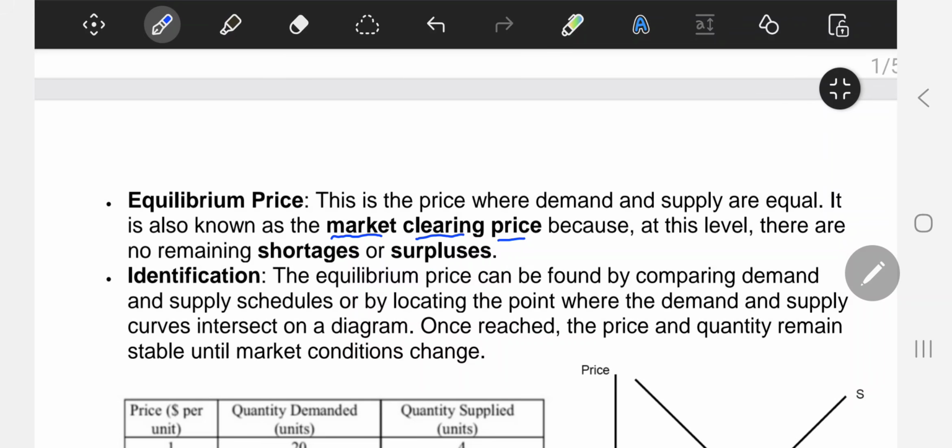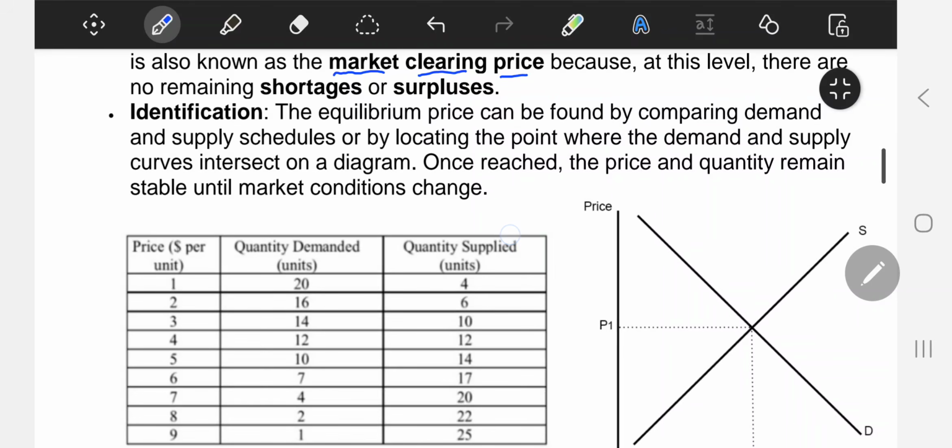So we can find the equilibrium by comparing this table here, and you will see that the equilibrium is very easy to point out. This is a demand and supply schedule combined. We have the price here, the quantity demanded and the quantity supplied, as you can see. When the price is very low at $1 per unit, the quantity demanded is 20 units and the quantity supplied is only 4. As the price increases, the quantity demanded now is 16.